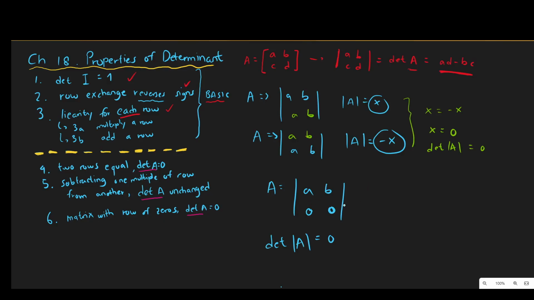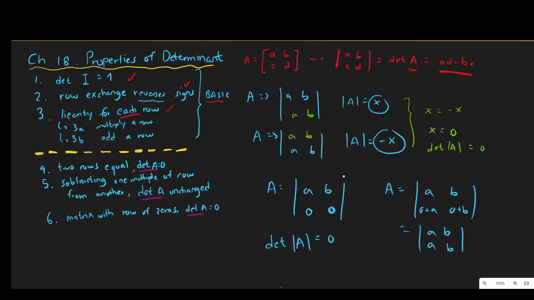Some proof that you can use is this: if you do some elimination and add the first row to the second row, you will end up with a b, and then a plus 0, b plus 0, so you end up with two rows being equal.